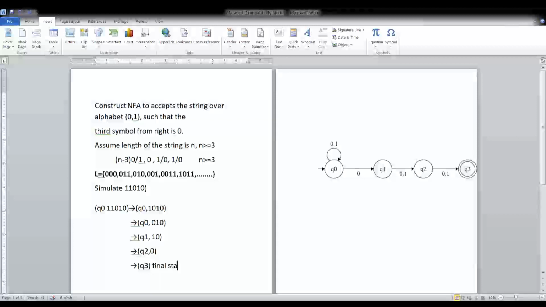When the machine ends at a final state after reading the string, it means the string is accepted. So the given string is accepted by the NFA. Like this we can show acceptance and rejection of a string.